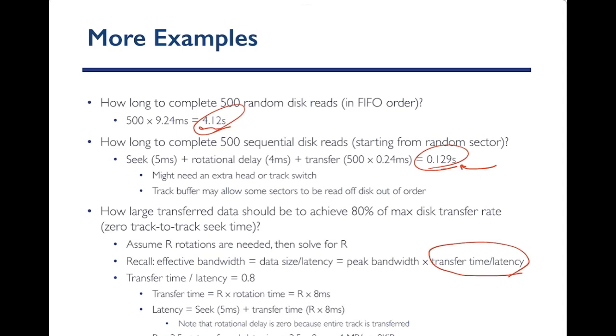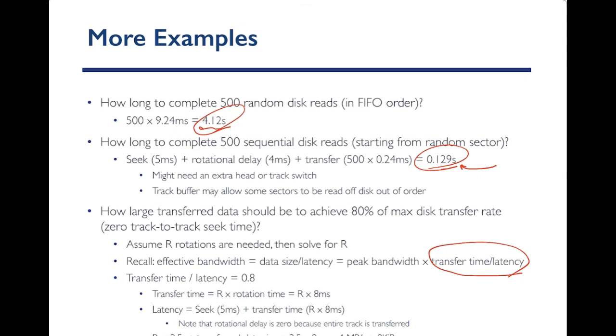Why is rotation delay 0? You said R rotation time, where rotation time is 8. Right, because we're assuming that the moment the head comes on top of the track that we want to transfer, we start transferring. So we're not going to wait for a particular sector to come under the head.